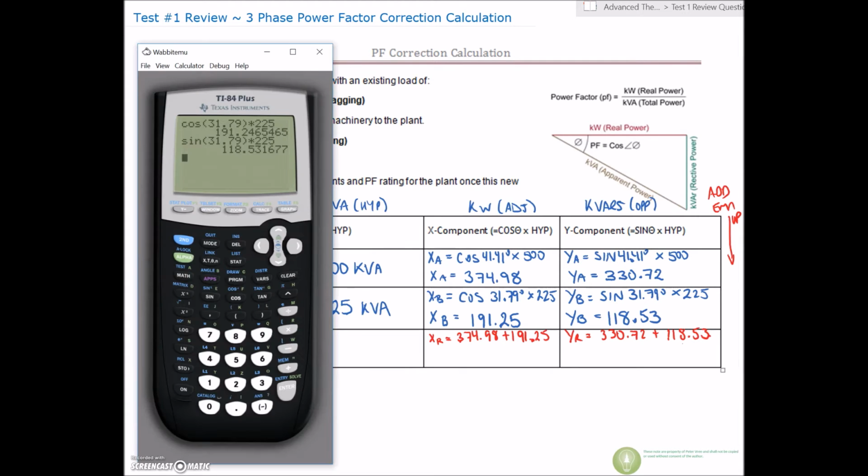Okay, let's bring up our calculator here. For our x component, we've got 374.98, and we're going to add the 191.25. That gives us 566.23.